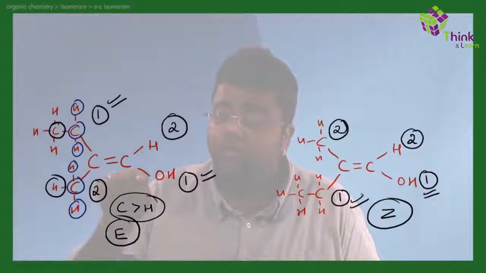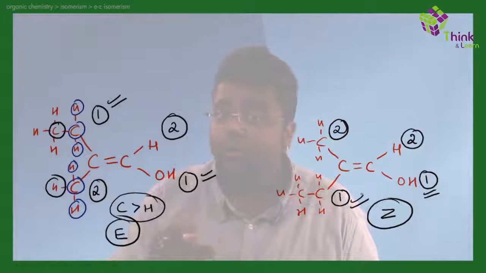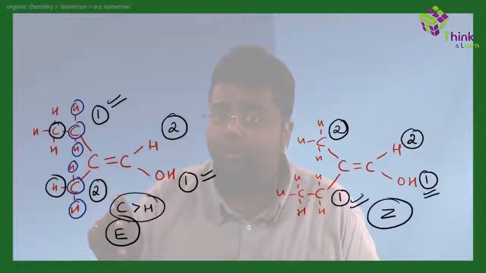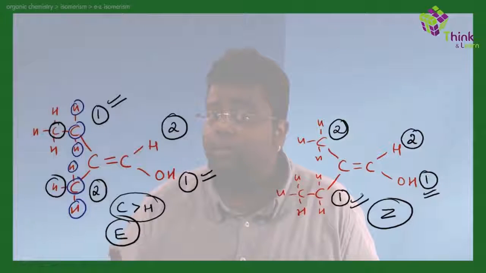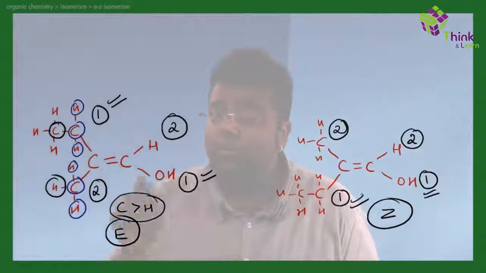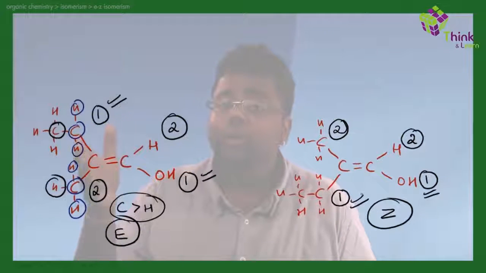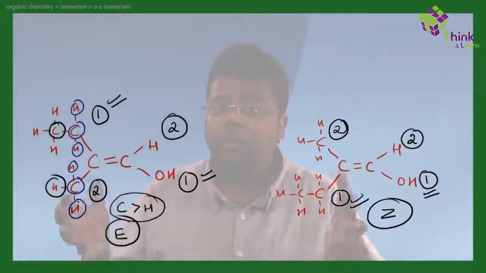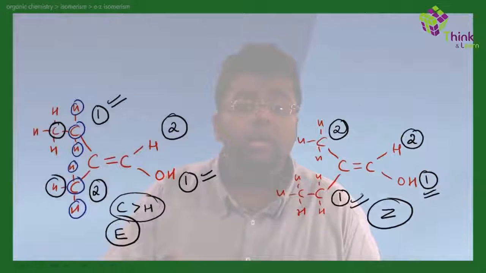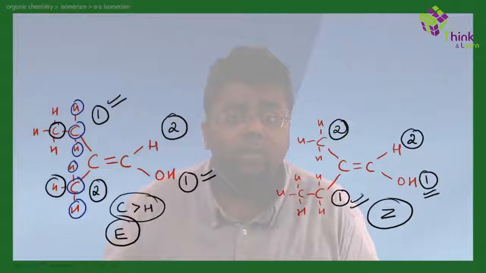So that means the first carbon which was attached to the double bond carbon has hydrogen, hydrogen, and carbon. In the other one, it has hydrogen, hydrogen, and hydrogen. So which gets a higher priority? This group gets a higher priority. And similarly, you can assign the priorities over here. And this would become an E isomer.